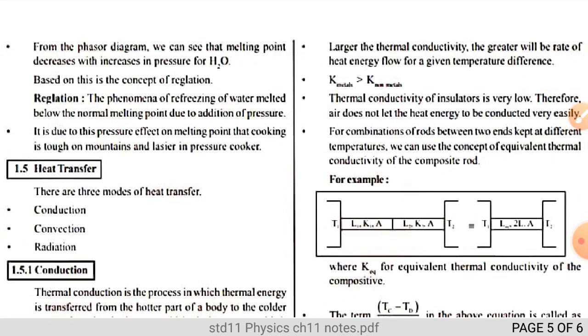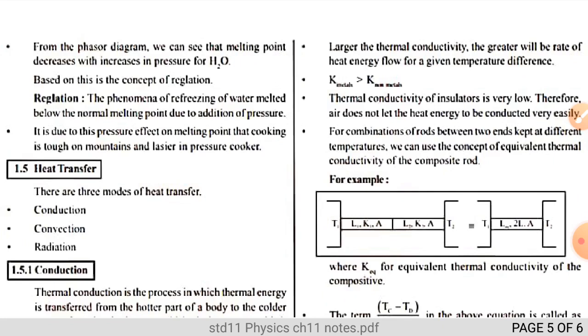So what is regelation? It is the phenomenon of refreezing of water melted below the normal melting point due to the addition of pressure. It is due to this pressure effect on melting point that cooking is tough on mountains and easier in a pressure cooker.